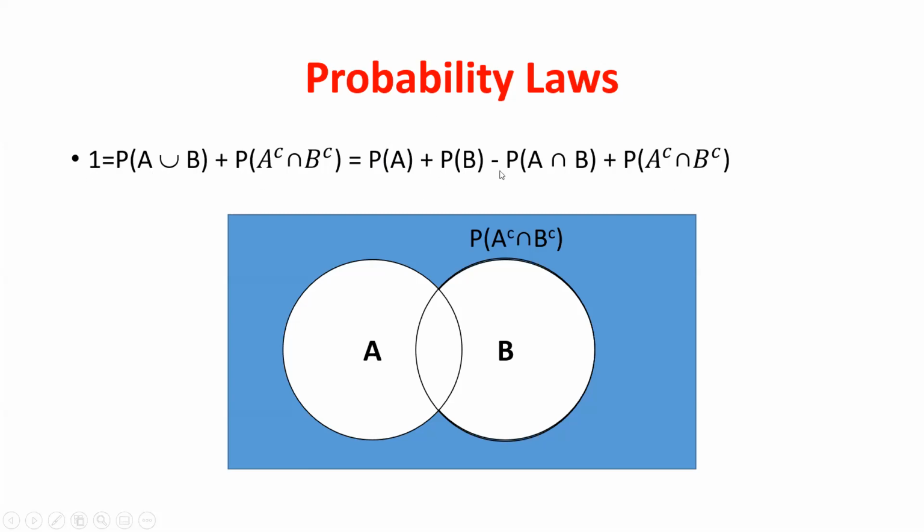So anytime I don't know one of these, as long as I know 3 of them, I have 1 equation, 1 unknown, and I can use algebra to solve for it. All right? So we'll work through a couple examples like this. But before we do that, I'll try to give you a little bit of insight as to why this shaded blue area is the intersection of these 2 events. So we'll go back to our dot cam here.